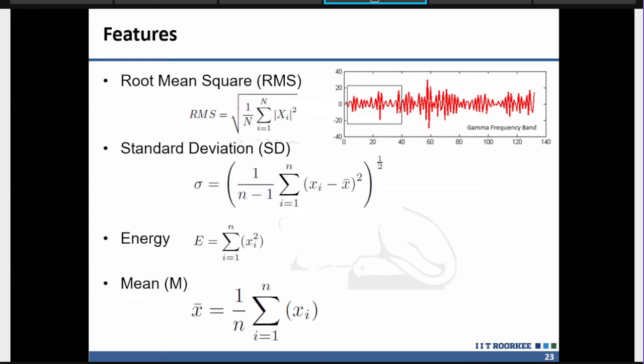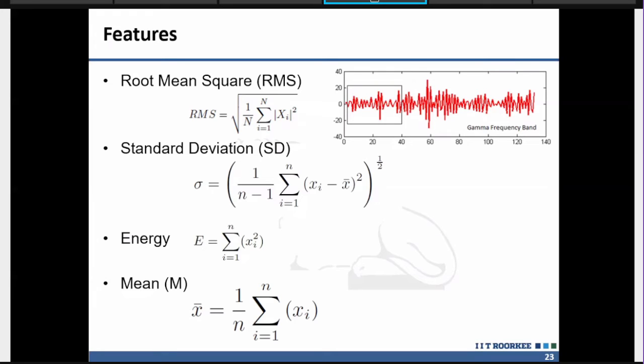There are many published papers, and every day new papers are coming on EEG based healthcare. So you have to study what kind of features people are using and what classifiers they are using for this diagnosis.